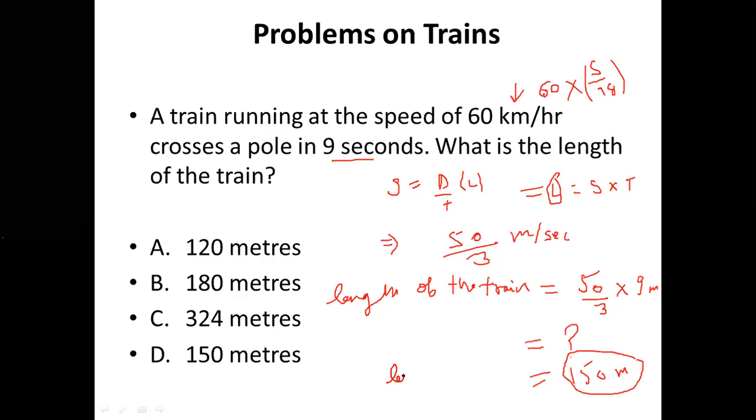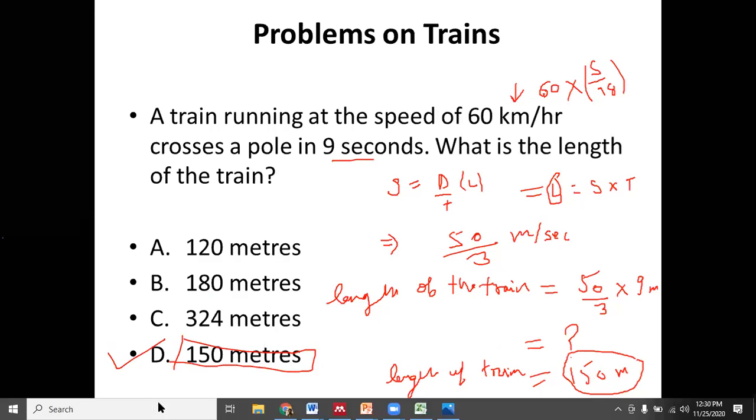We have found the length of the train, right? So option D is correct. 150 is the answer. Yes, Himanish, is it clear? Yes, sir. Problem is clear? Okay. Moving to the next problem.